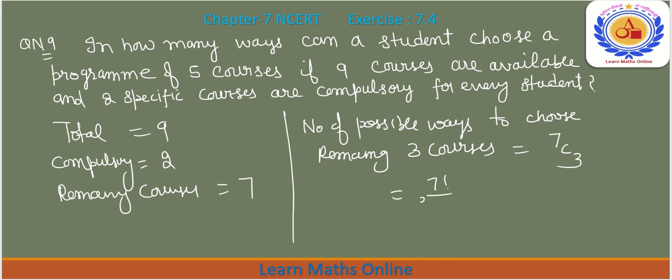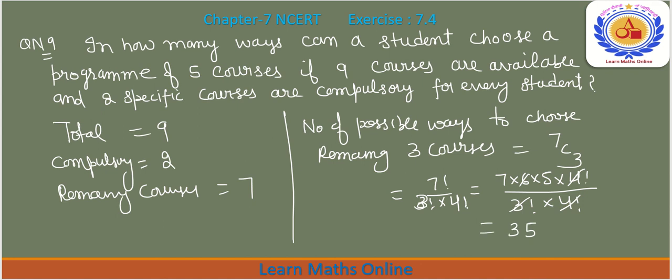7 factorial over 3 factorial into 7 minus 3 factorial, 7 into 6 into 5 into 4 factorial over 3 factorial into 4 factorial. 3 factorial means 6, so it will be cancelled out with 6. So our answer is 35.